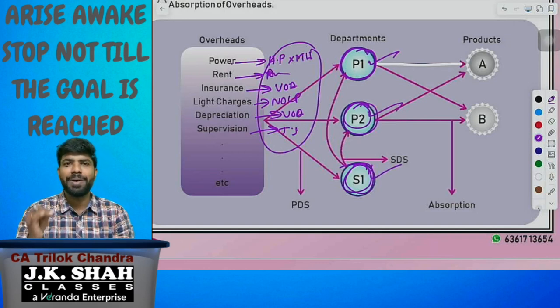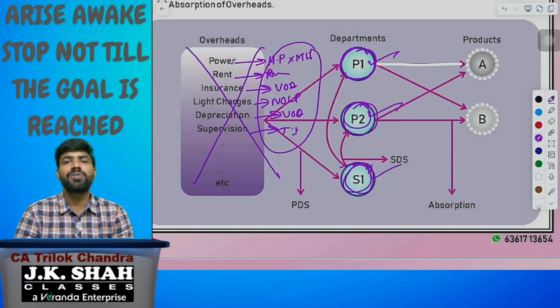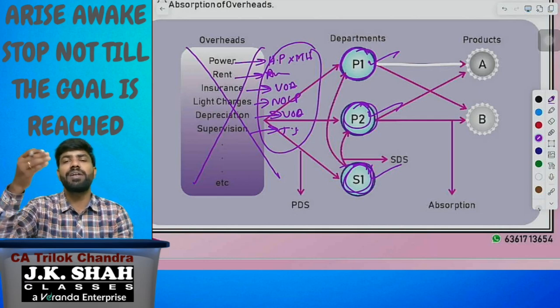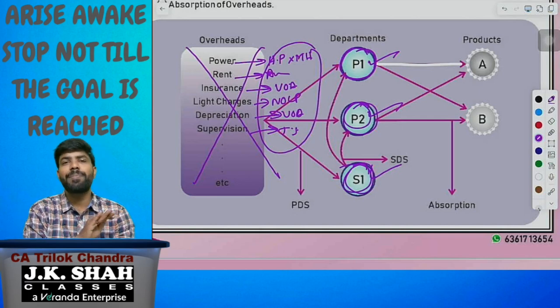After doing primary distribution summary, all these individual expenses are converted to departmental expenses or departmental overheads: production department 1 overheads, production department 2 overheads, service department 1 overheads. Clear? By this we are done with the primary distribution summary.